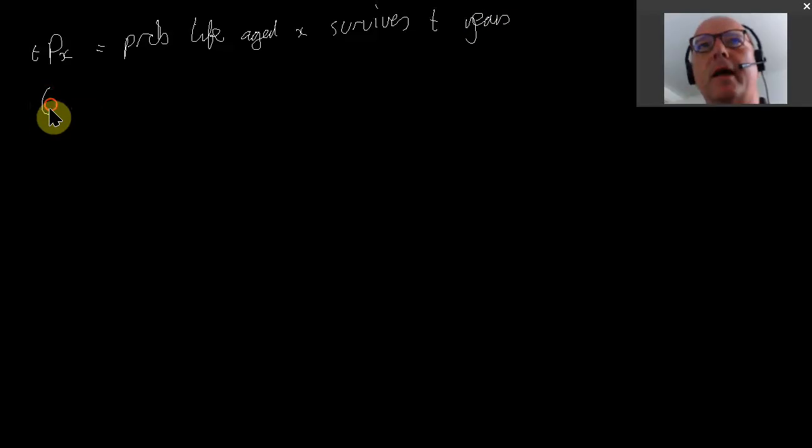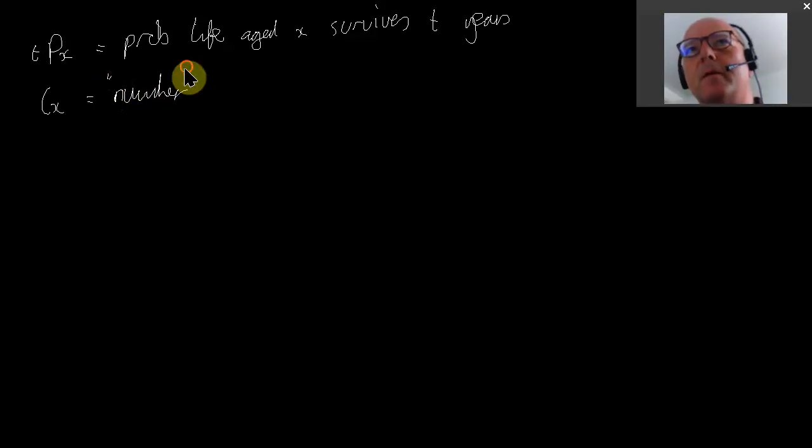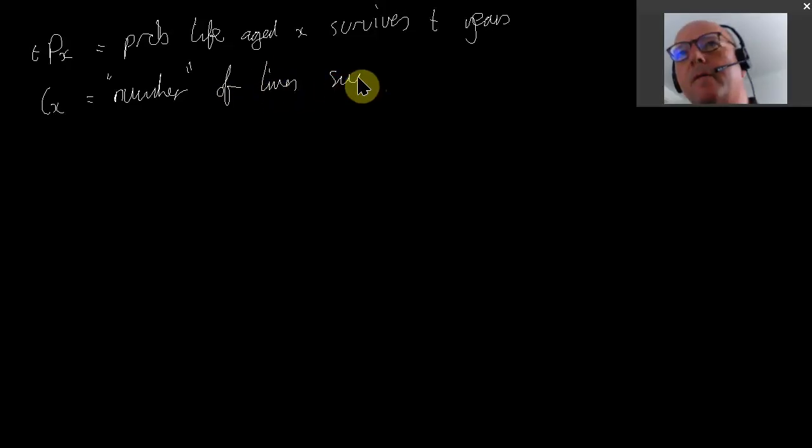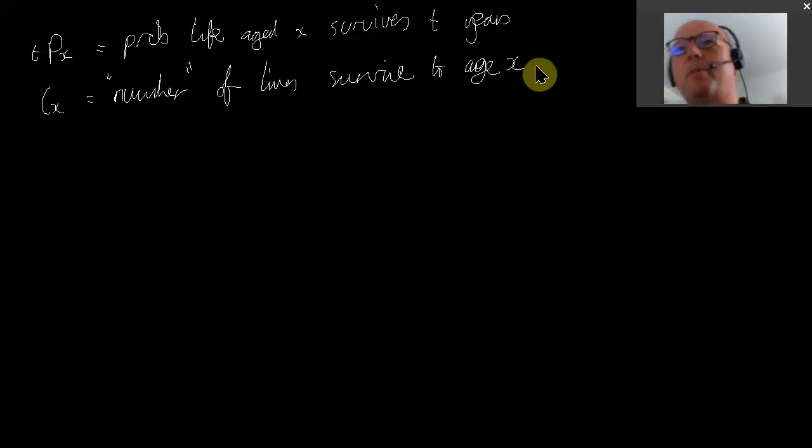Okay, and LX is the number, and we'll think about this a bit more, of lives that survive to age X, out of a hypothecated starting set.